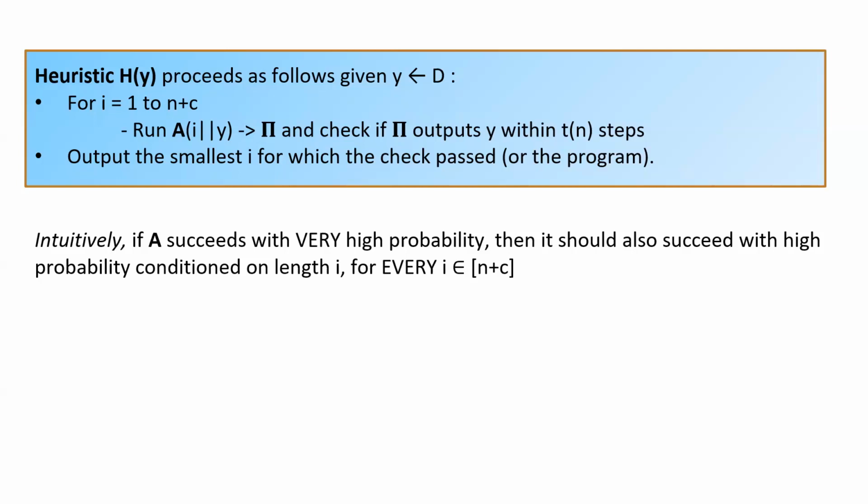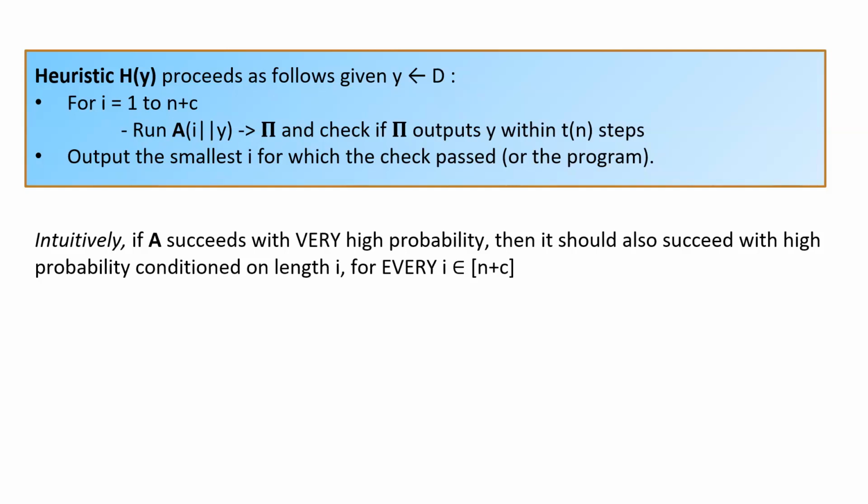We first take a random string Y that is sampled from D. We are going to try all possible indices, from 1 all the way to n plus C. And for each index I, we run the inverter on the output I together with Y. If my inverter succeeds, it will return a program of size I such that if you run the program, it will output Y. But it doesn't always succeed, so you need to verify this.